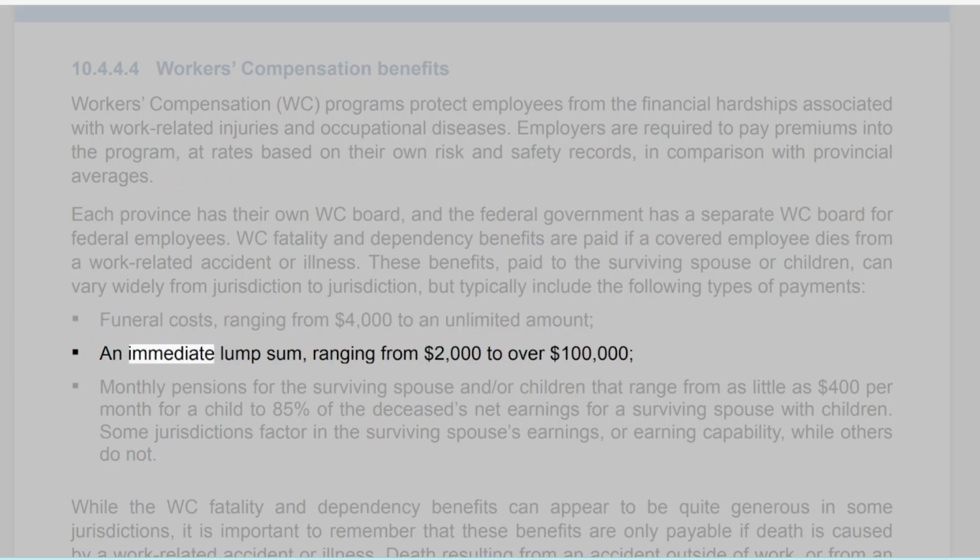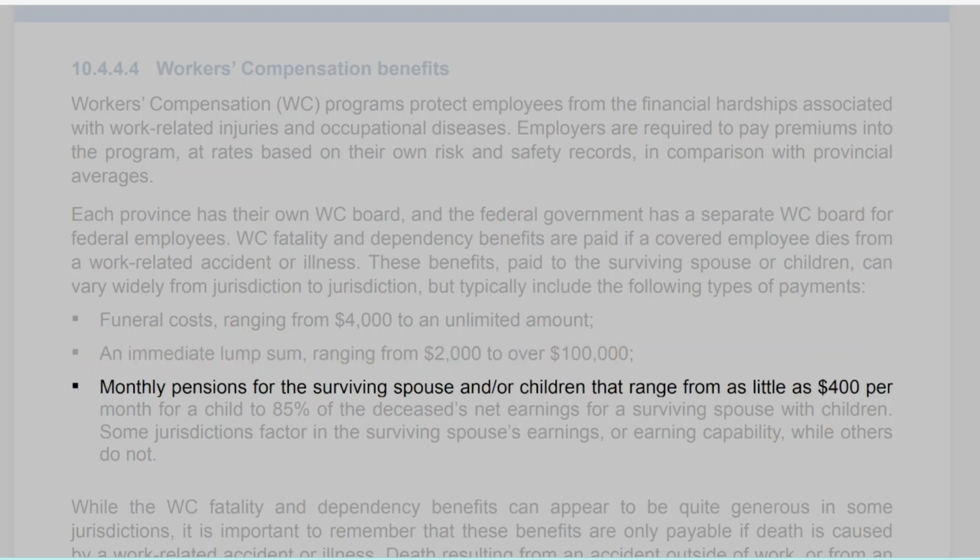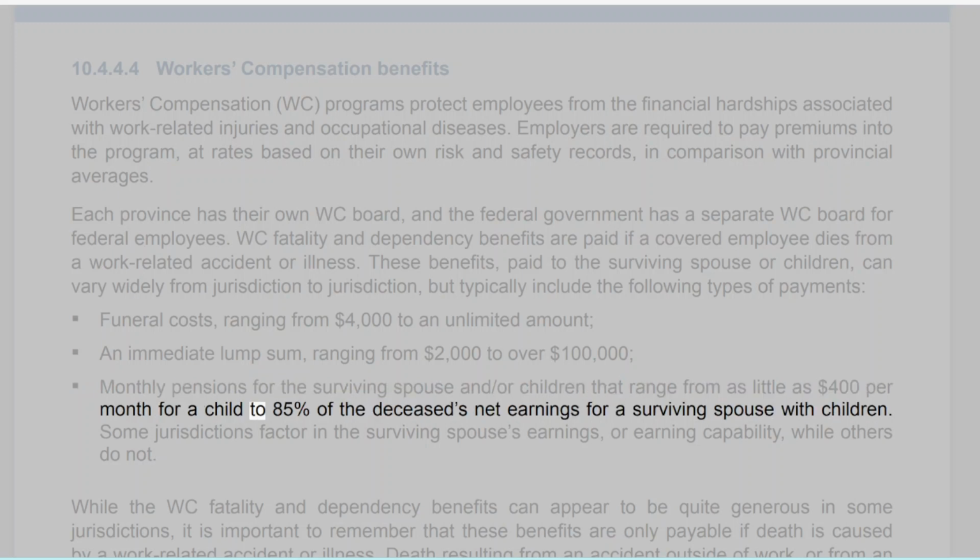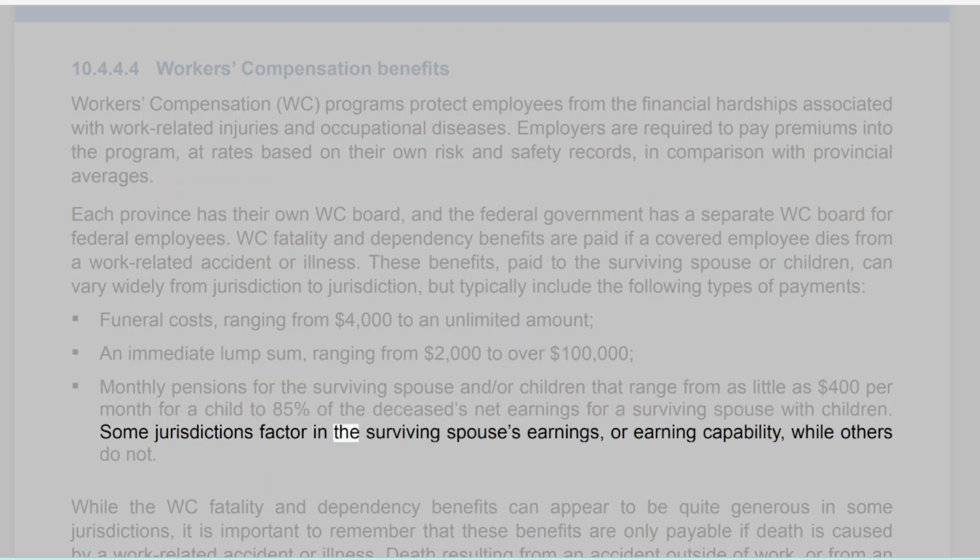An immediate lump sum, ranging from $2,000 to over $100,000. Monthly pensions for the surviving spouse and/or children that range from as little as $400 per month for a child to 85% of the deceased's net earnings for a surviving spouse with children. Some jurisdictions factor in the surviving spouse's earnings, or earning capability, while others do not.